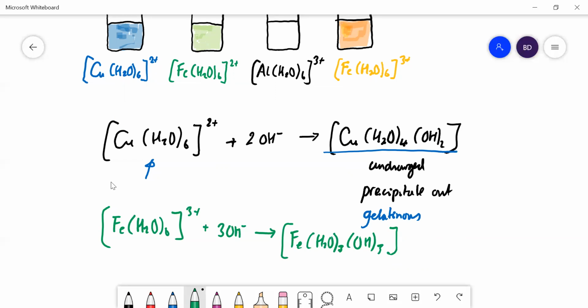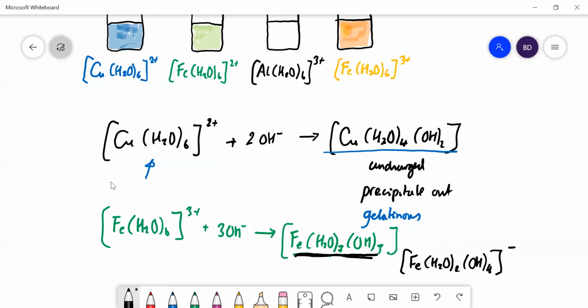Now you might think, why can't you remove any more H+ from that? Why doesn't that happen? You might think you could remove another H+ and maybe form [Fe(H2O)2(OH)4], which would be negatively charged, because there's 4 minuses on the OHs and only 3+ on the iron.